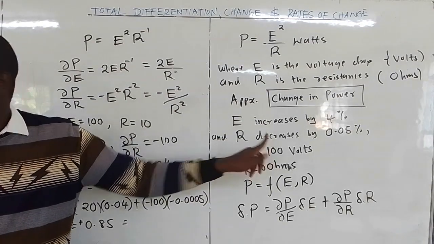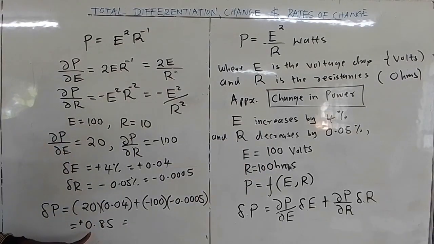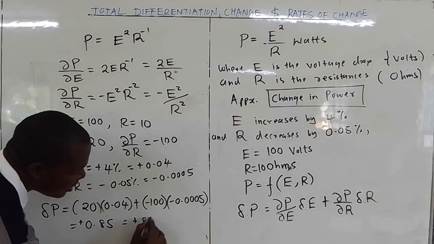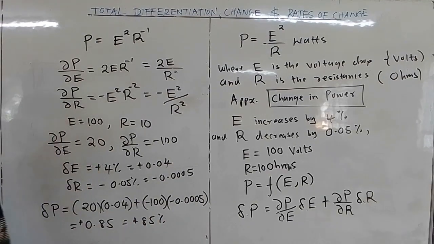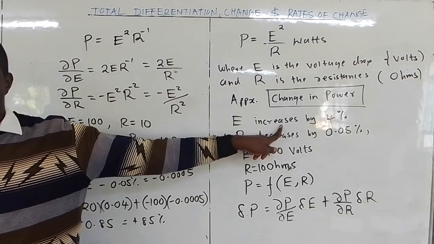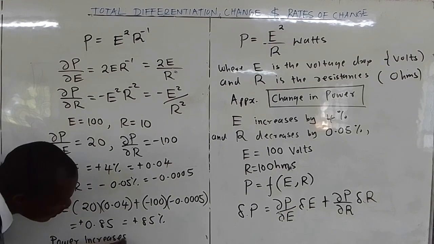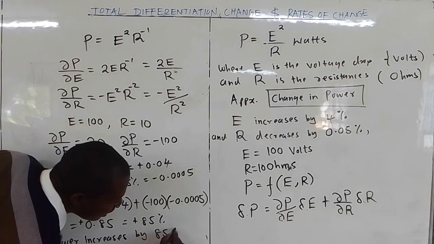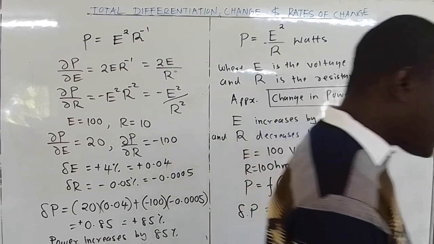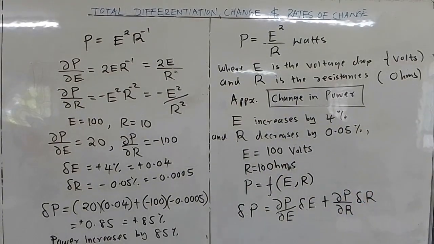All the changes were in terms of percent, isn't it? So if you change this into percent, you multiply it by 100%. Are you seeing? So if you multiply this by 100%, what do you get? Positive 85%, isn't it? See, positive means increases. Are you seeing? So it means power increases by 85%. Then you have handled that given problem.